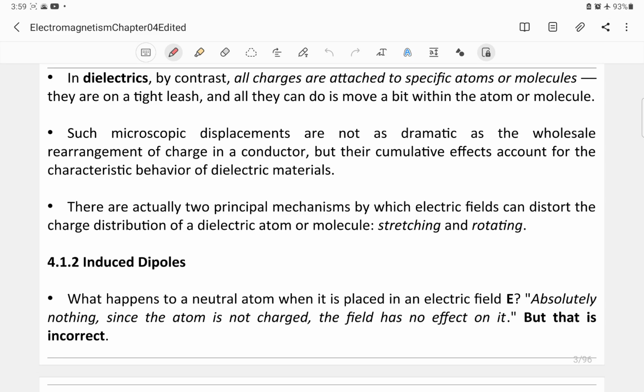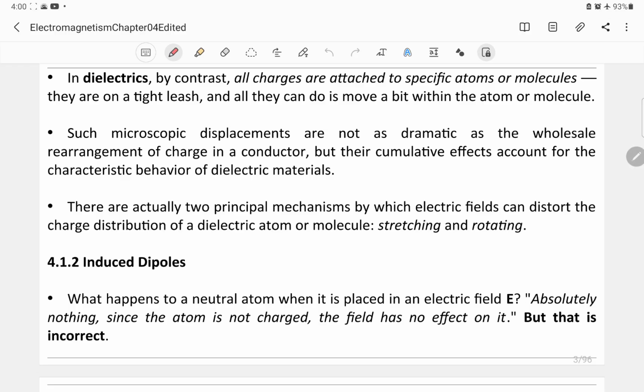Although the charges cannot transfer from one atom to another, all of the atoms in a dielectric participate in response to the external electric field, unlike conductors, where the free charges only move within the surface of the conductor in response to the external electric field.